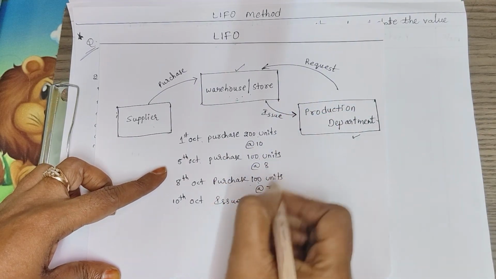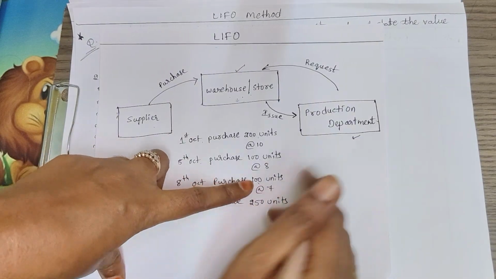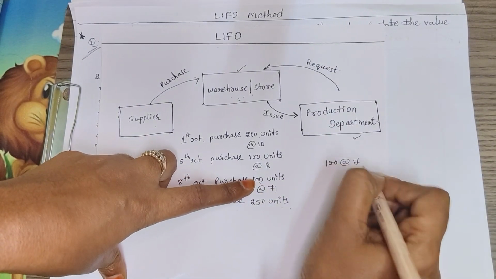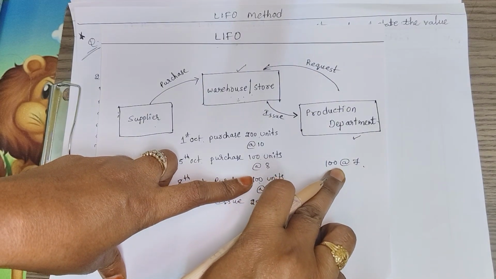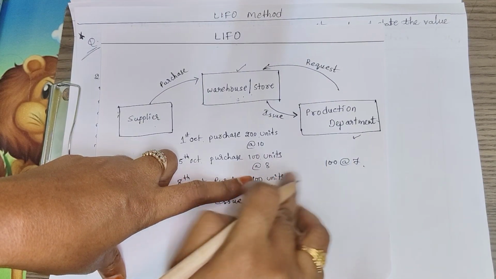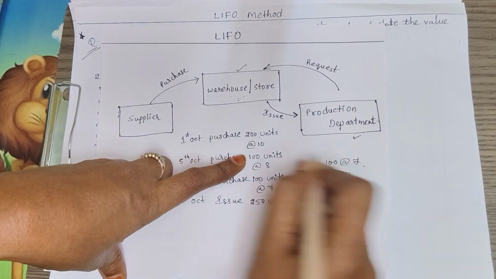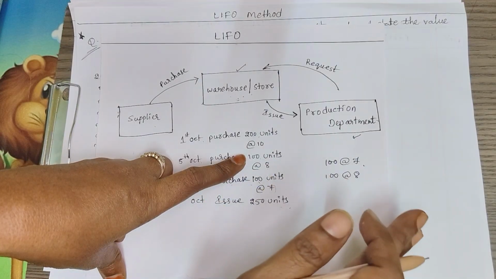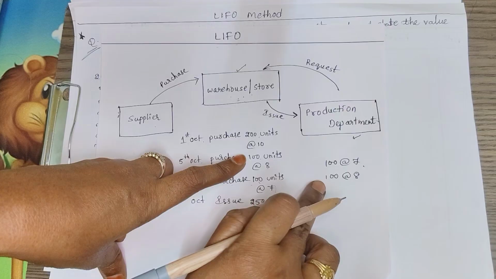Clear? See, here we need to issue 250 units. That means first we need to issue this 100, at the rate of what price? 7 rupees. So out of 250, 100 units are issued. How much left? 150. So go to the second purchase. This 100 we are issuing at the rate of 8 rupees. Total 200 units are issued from the store. Out of 250, 200 issued.